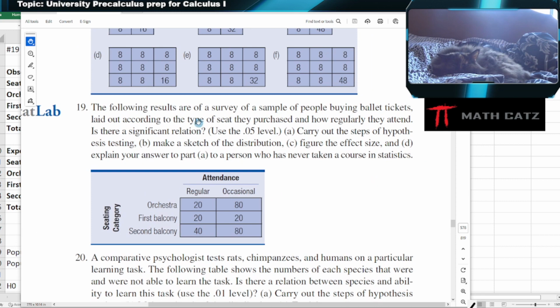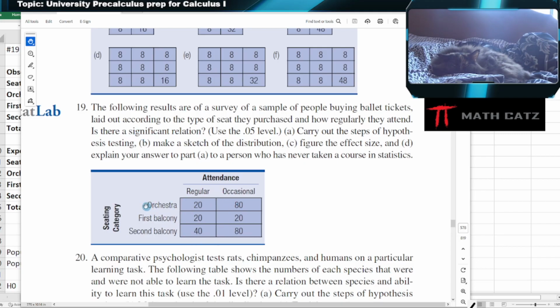The following results are of a survey of a sample of people buying ballet tickets, laid out according to the type of seat they purchased and how regularly they attended. As I can see here, different types of seats and two types of attendance. Is there a significant relation?